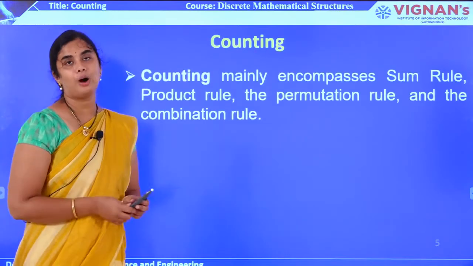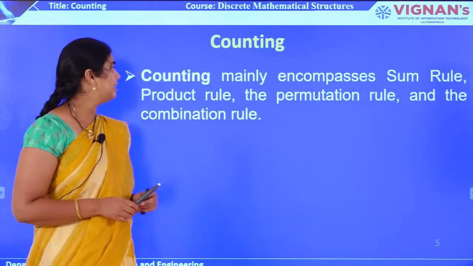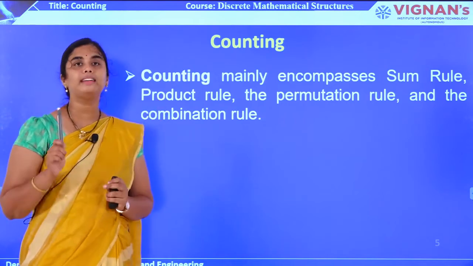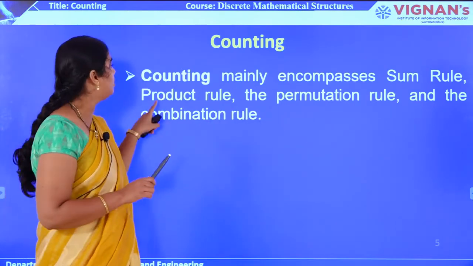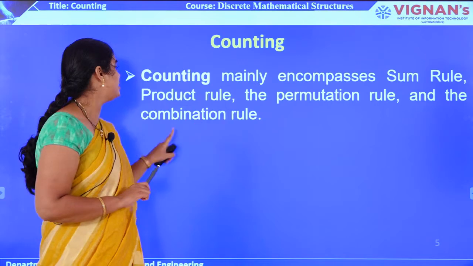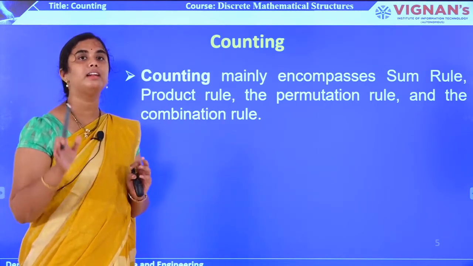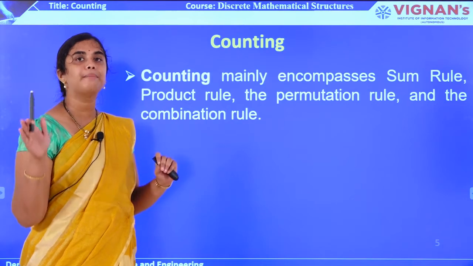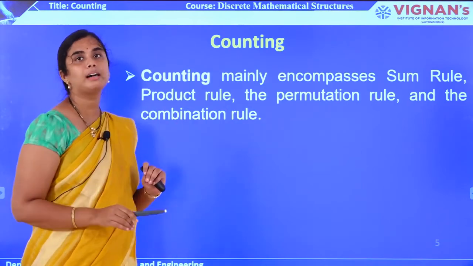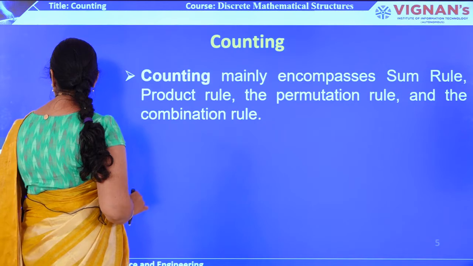First topic, counting. What is counting actually? This counting mainly consists of the sum rule, product rule, permutation rule and combination rule. Counting is nothing but the number of choices that can be made in order to accomplish a particular task.